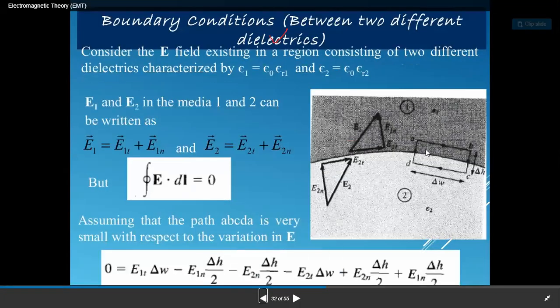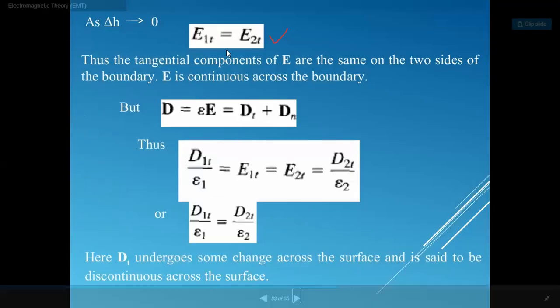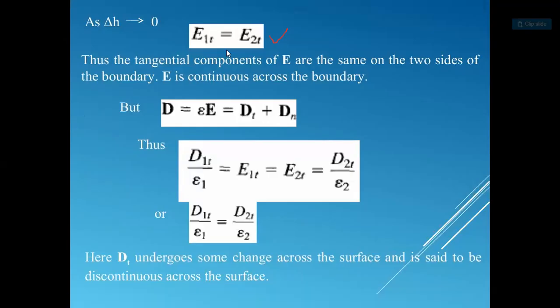If you see this figure very carefully, this is the boundary separating the two dielectrics given by epsilon 1 and epsilon 2, and at the boundary the tangential component of the electric field is always continuous, which means that E1t is equal to E2t. Am I clear? Yes sir.